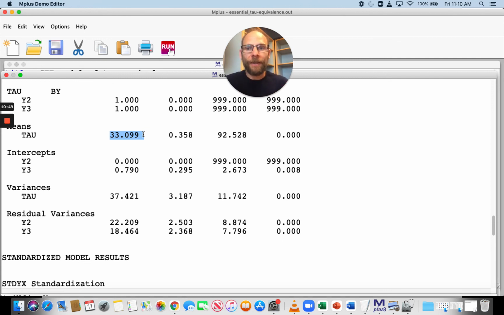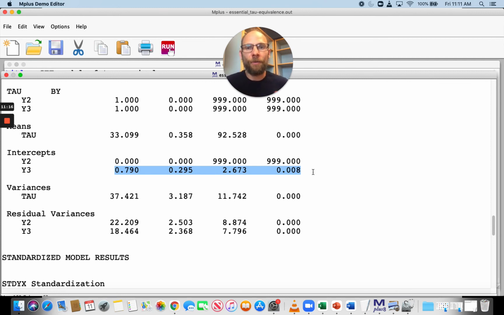And so therefore this intercept can be interpreted as a mean difference parameter, and the test of significance tells you whether there's a significant mean difference between Y3 and Y2, which here is the case. So you could think of this as a fancy paired samples t-test that looks at those means for the same people across those two variables and compares them for differences and looks at whether there's a significant mean difference.